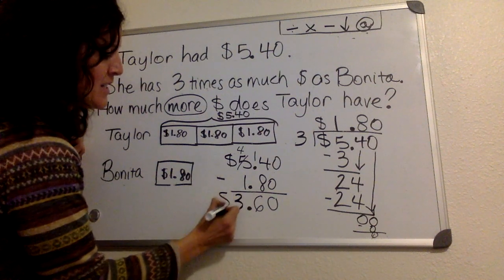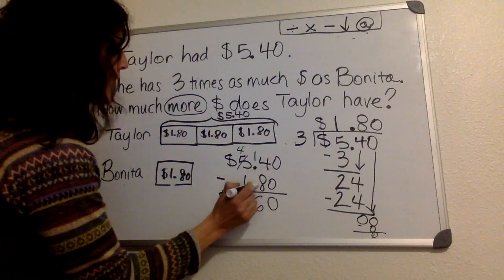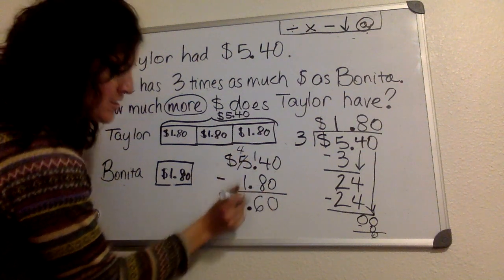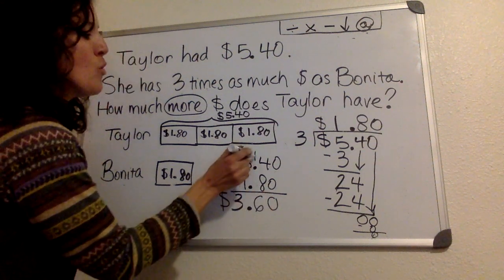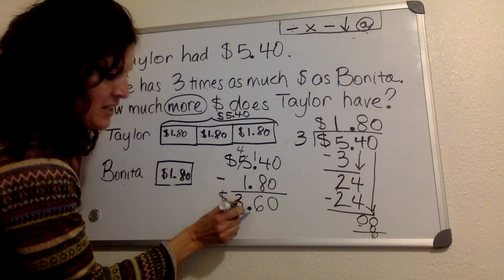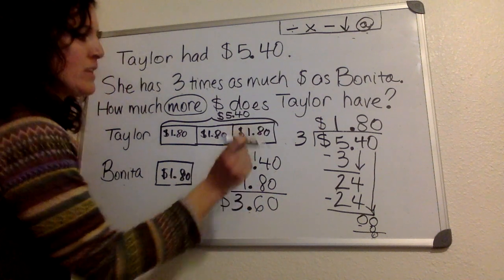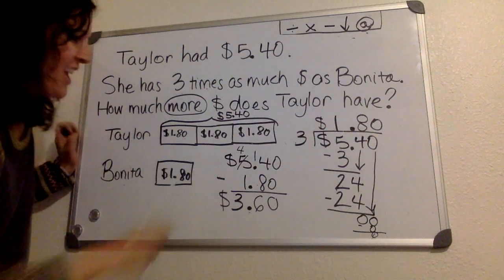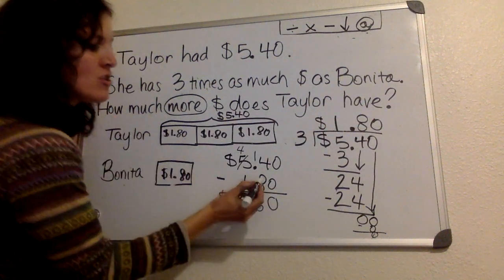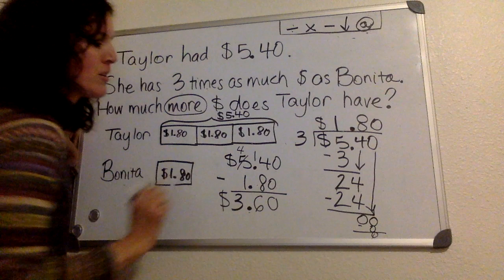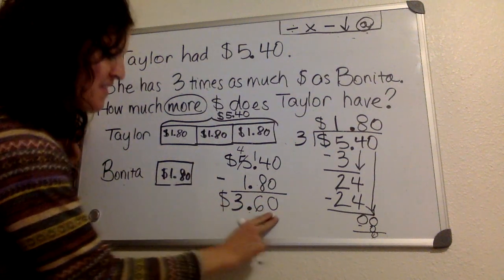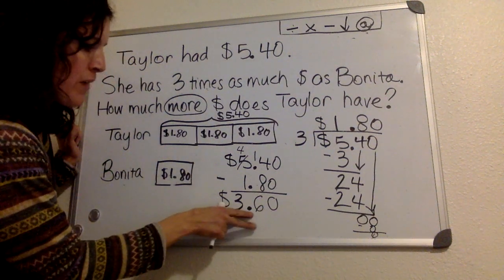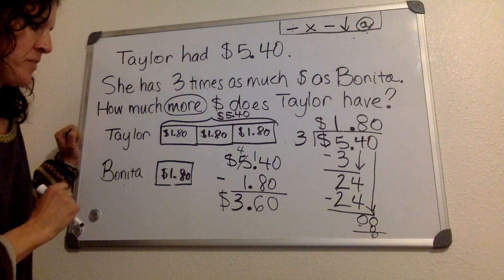Because remember, when we subtract, we do not count the decimal places. We just bring it straight down. When we add, we line up the decimal places and bring it straight down. Only when we multiply do we count the number of decimal places, and then that tells us where our decimal point goes in the answer.